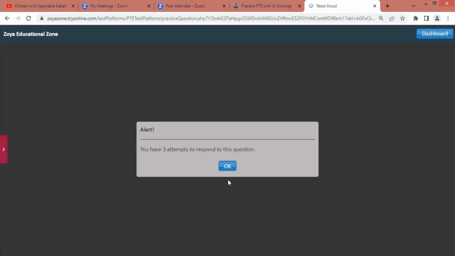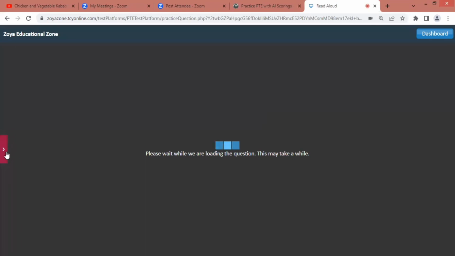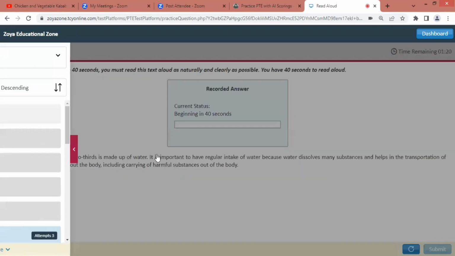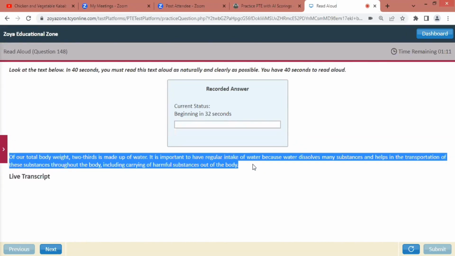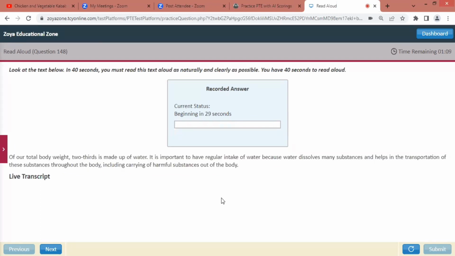So here we have the complete content already written on our screen. It's mighty easy to understand. The content is a proper one.